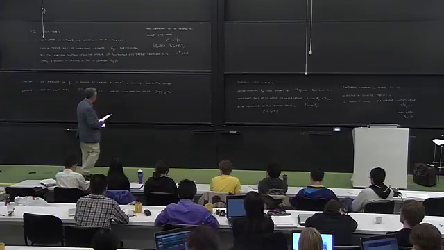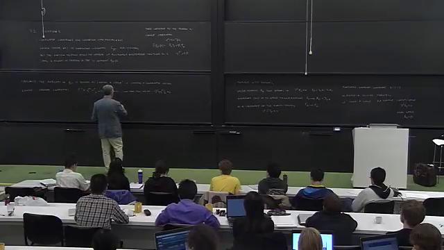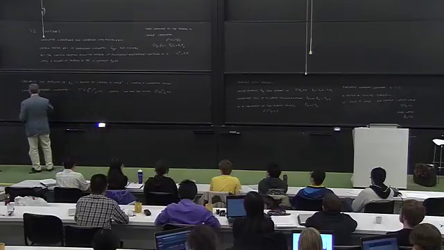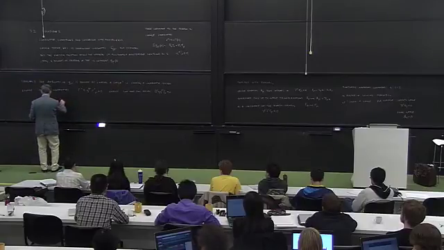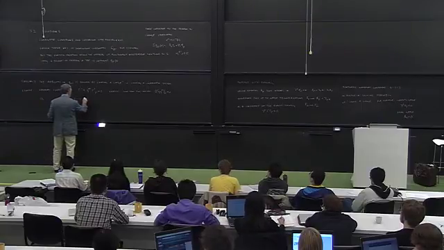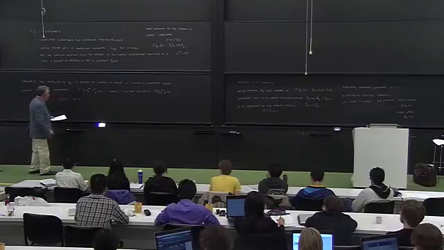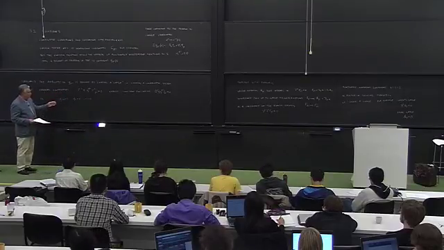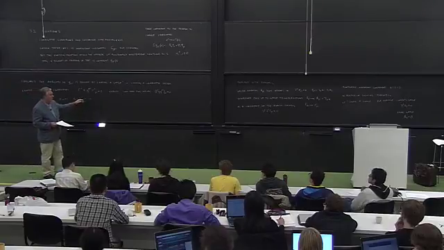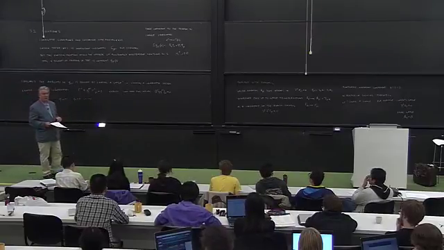For example, the analog of the axial gauge might be g00 equals 1, g0i equals 0, where i runs over 1, 2, 3. That has the virtue of fixing the coordinates in the same way, but it's not a Lorentz invariant condition.